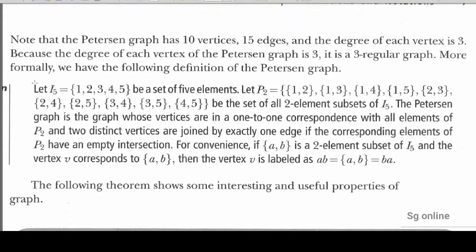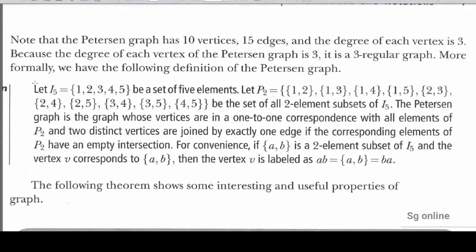Now I am declaring that all these 2-element subsets of these 5 elements are the vertices of the graph. And what is the adjacency rule? How will we form an edge between 2 vertices? If they have an empty intersection, then we will join them by an edge.